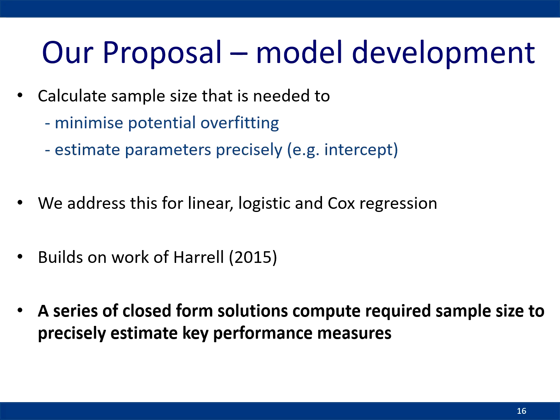So these two papers focus on our proposal for calculating sample size for model development. And the aim is really for us to minimise the potential overfitting and to estimate key parameters in the model precisely. We've developed these calculations for linear, logistic and Cox regression prediction models. And the work really builds on much earlier work by Frank Harrell.